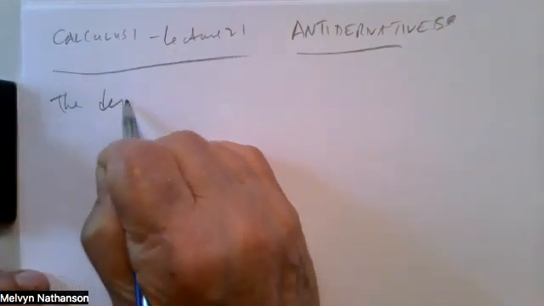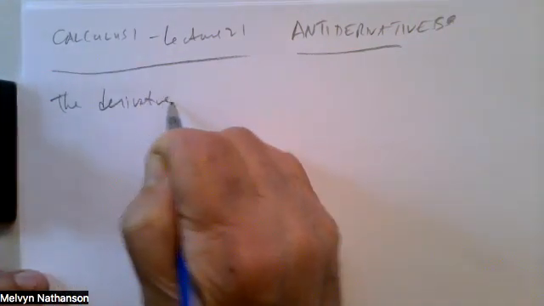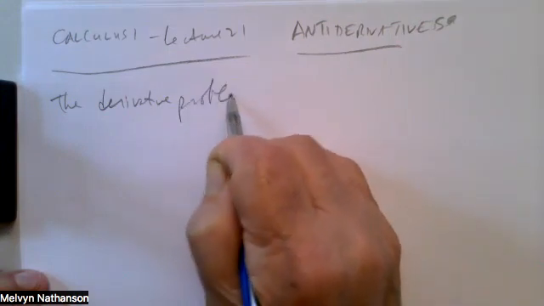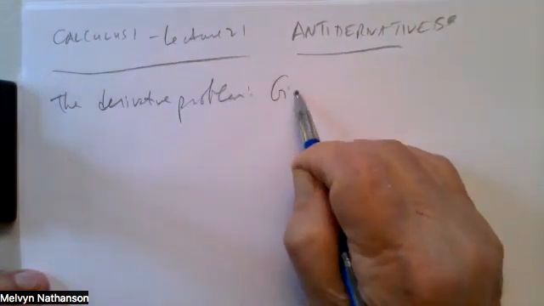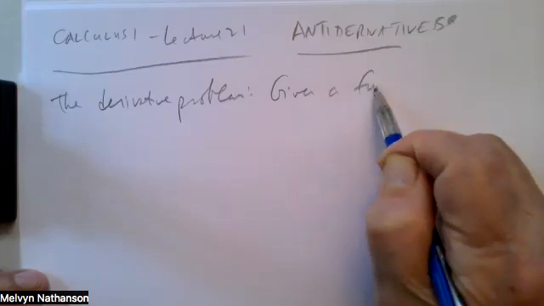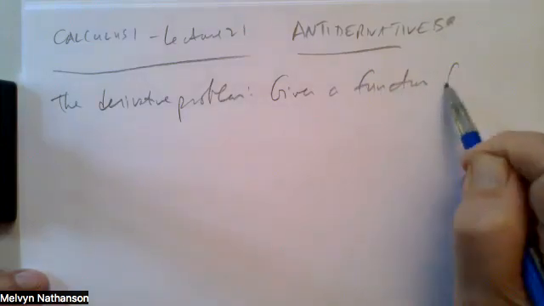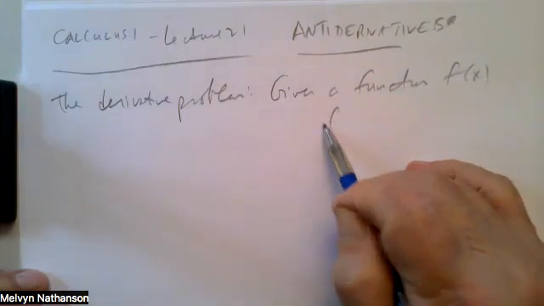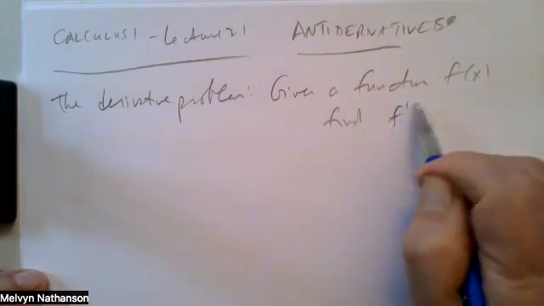We have the derivative problem. Given a function f of x, find the derivative f prime of x.